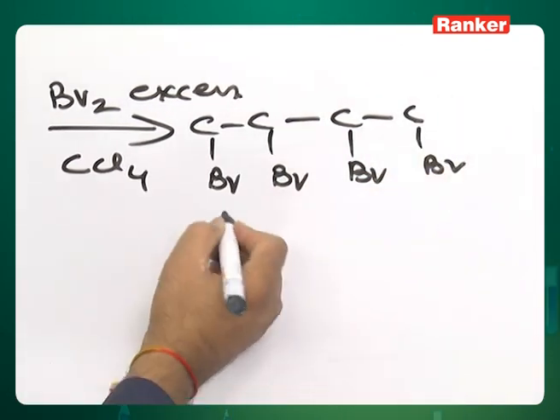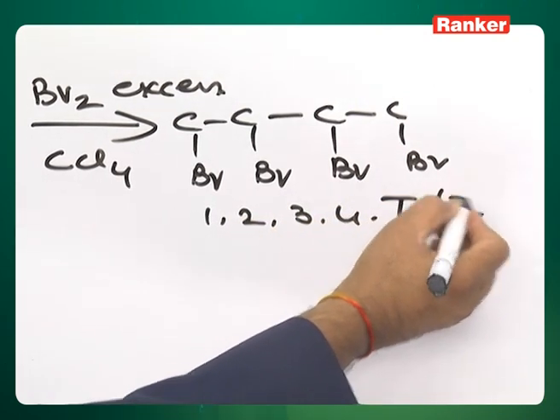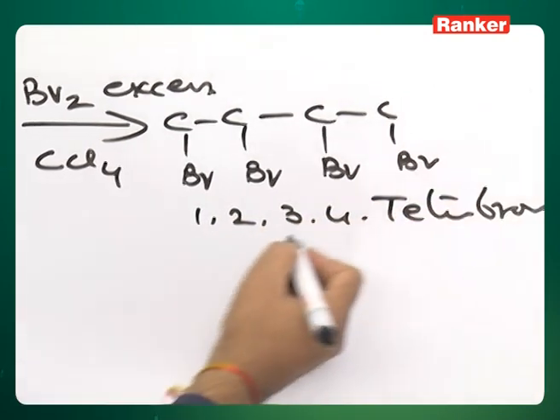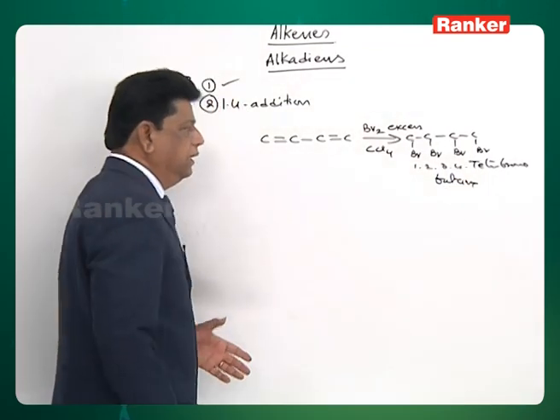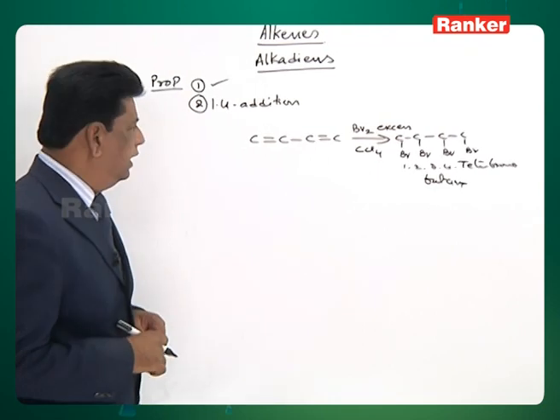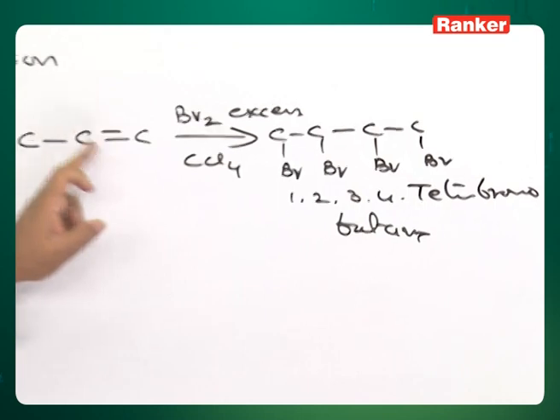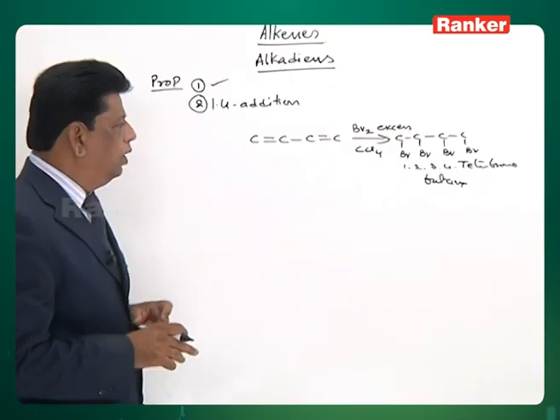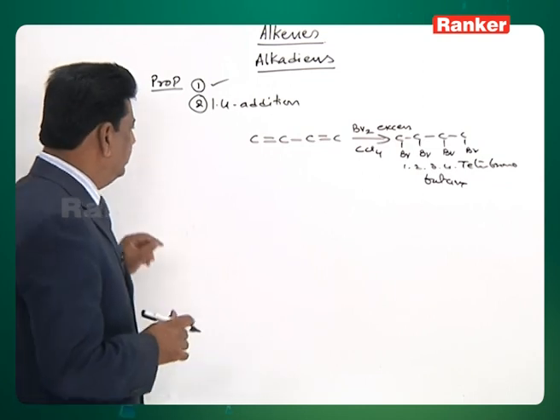So, you will get 1,2,3,4-tetrabromobutane. For this, there is no doubt to understand. Each double bond consumes bromine, so tetrabromobutane is formed. It is a very clear observation.